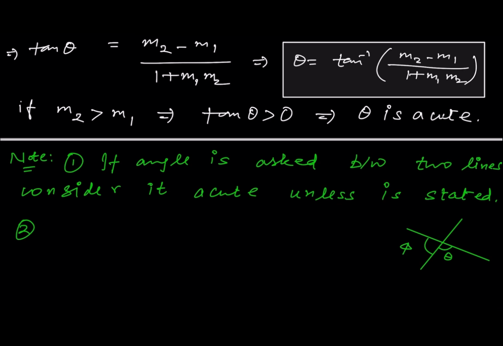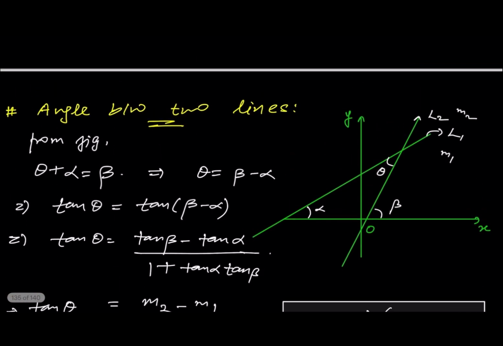So I can say phi is equal to pi minus theta, which is obtuse, okay, or in this figure also phi.